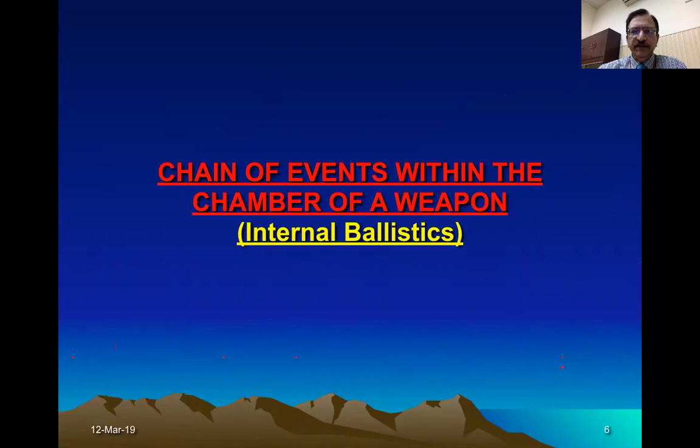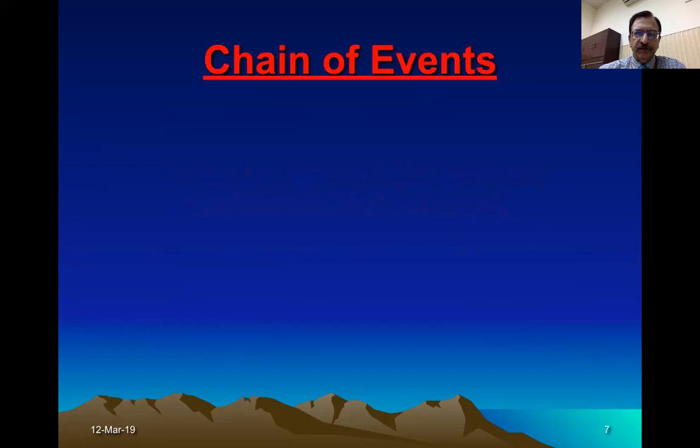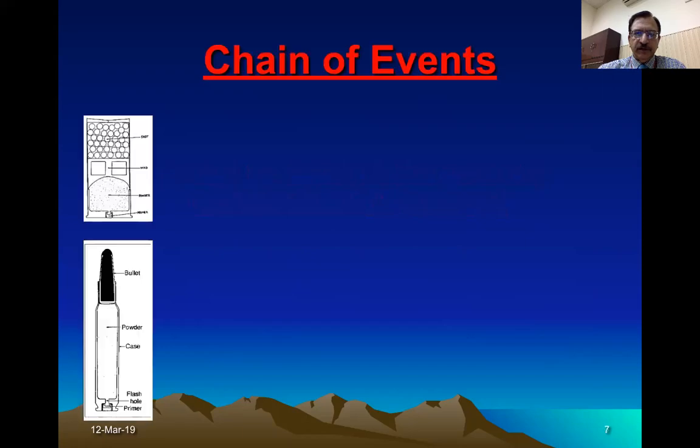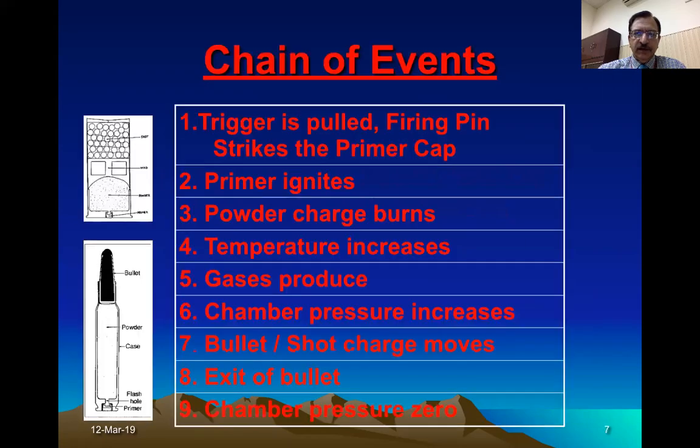So about the chain of events within the chamber, that is the internal ballistics, what happens within the chamber? On the left, it is showing the cartridge case of both the pellets and the bullets. This is the chain of events going on within the chamber.